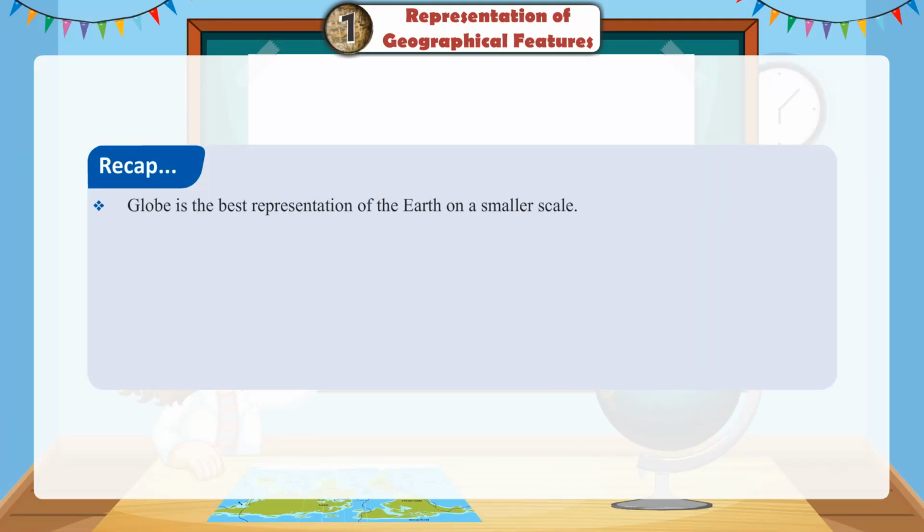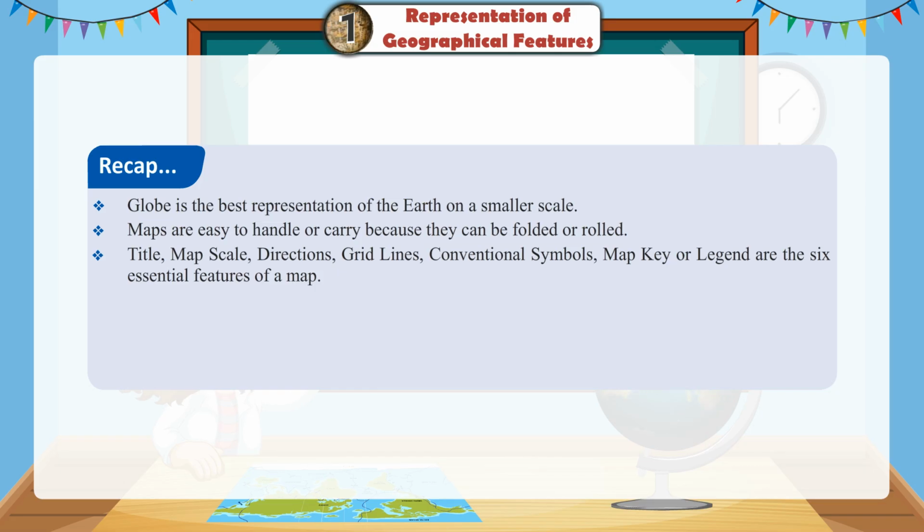Recap. Globe is the best representation of the earth on a smaller scale. Maps are easy to handle or carry because they can be folded or rolled. Title, map scale, directions, grid lines, conventional symbols, map key or legend are the six essential features of a map.